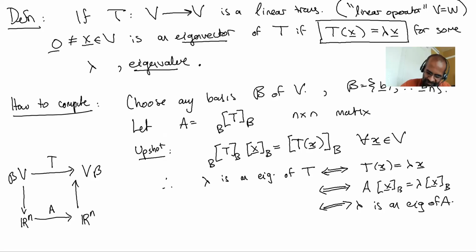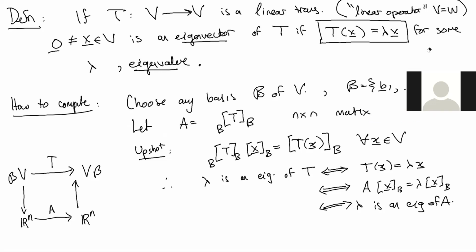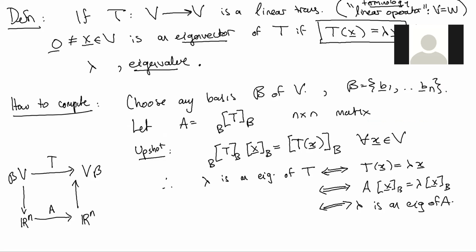A linear operator just means a linear transformation where the domain is equal to the codomain. It's just new terminology, not a new concept. If you take physics, they'll use this a lot. It just means a linear transformation from a vector space to itself. Thank you.